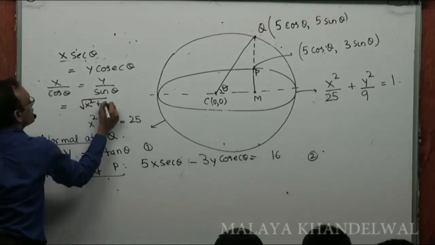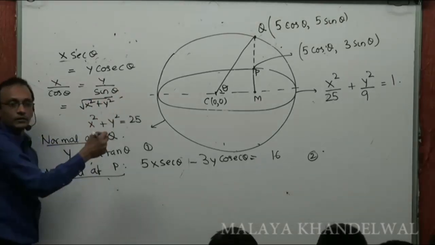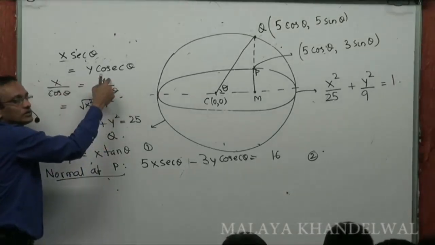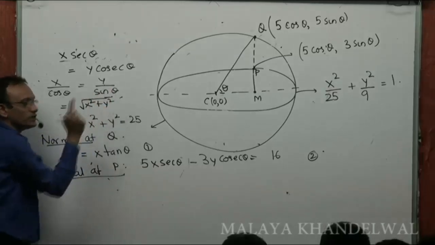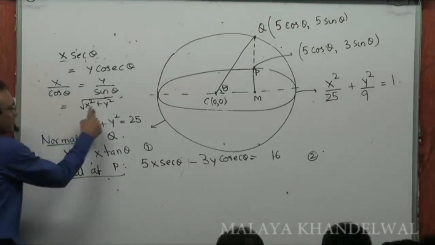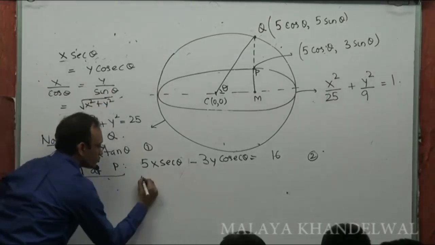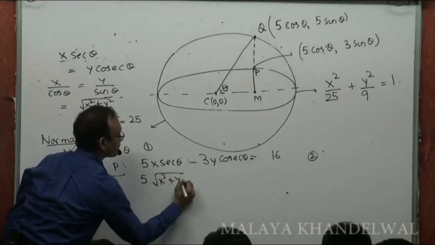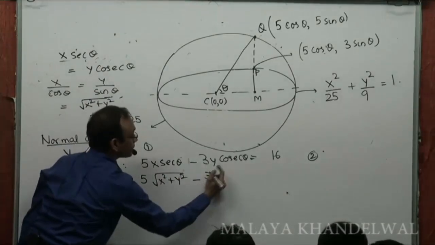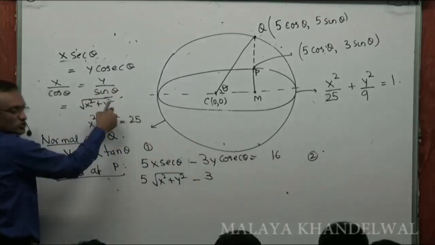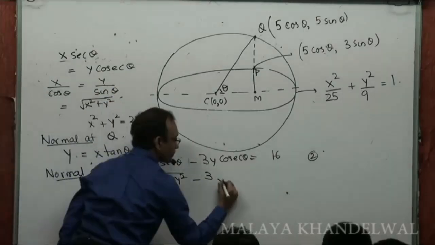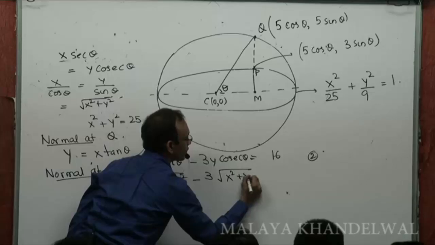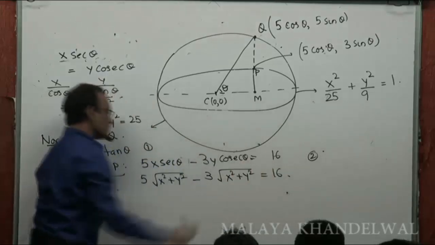Yes or no? Do you realize why? Because each will be the square root of the sum of the squares of the numerators over the sum of the squares of the denominators. So x sec theta is root x square plus y squared. So 5 into root x square plus y squared minus 3 y cosec theta, and y cosec theta is also root x square plus y squared, equals 16.